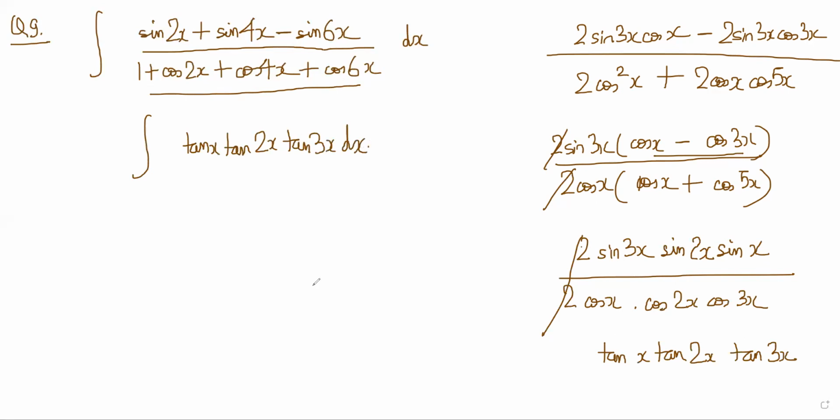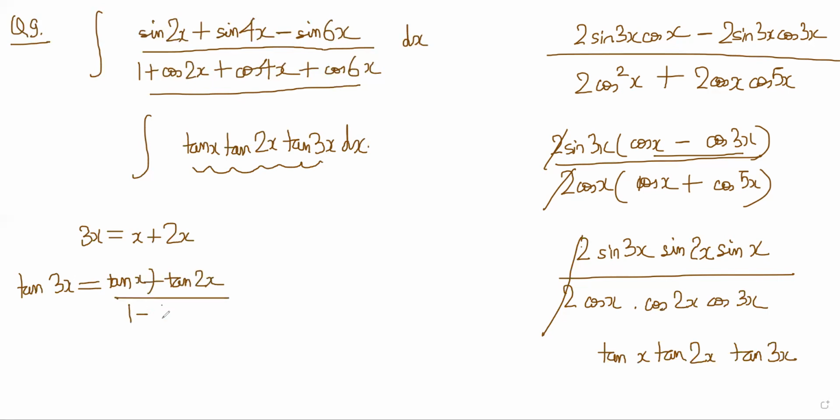Once you have this, let's try to simplify this expression further by using the fact that 3x is equal to x plus 2x. Therefore, tan of 3x will be equal to (tan x plus tan 2x) by (1 minus tan x tan 2x).